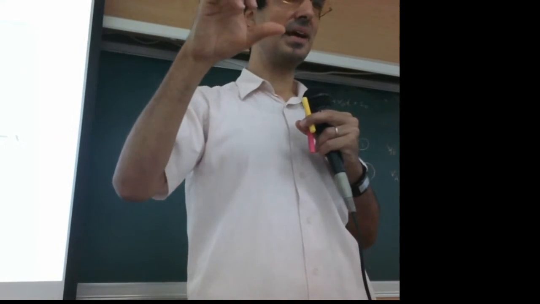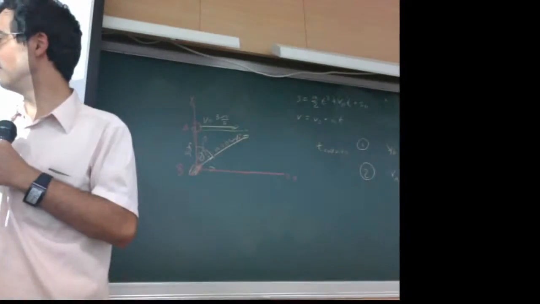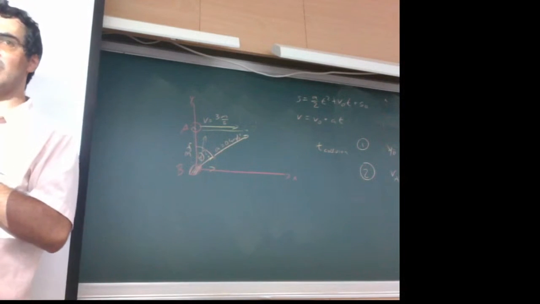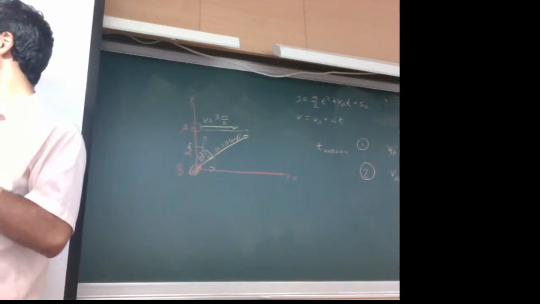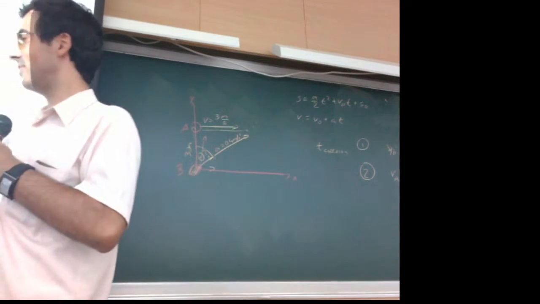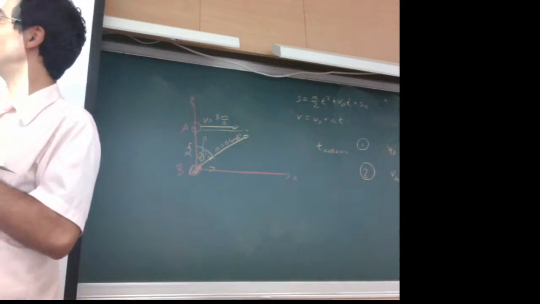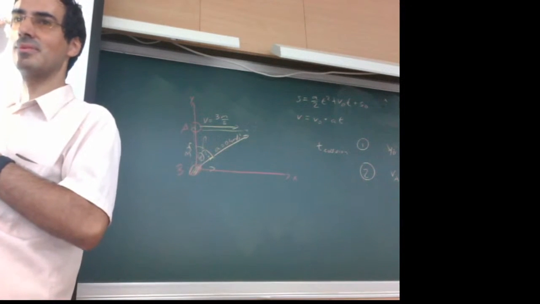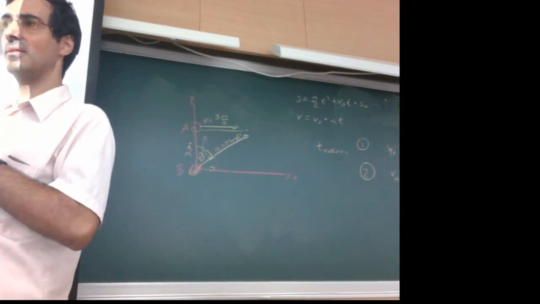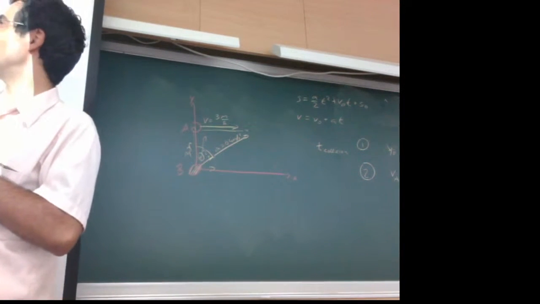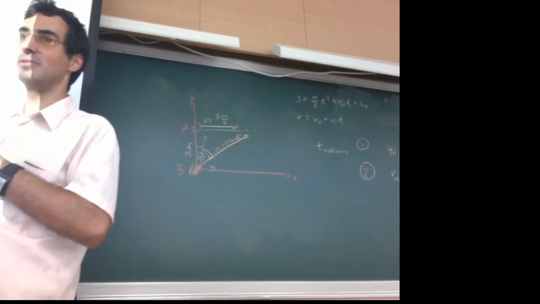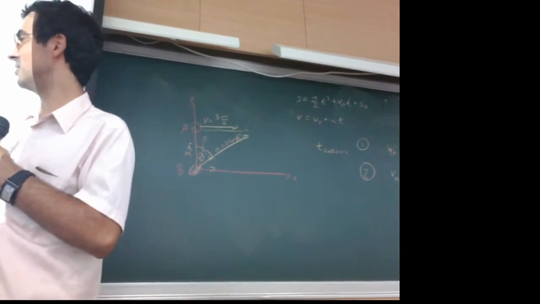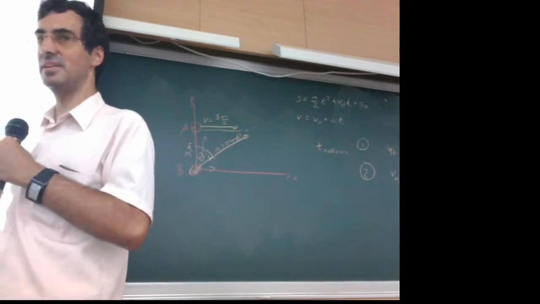At time of impact, particle B has moved in y direction to hit 30 meters. And at time of impact, particle B has caught up with particle A. This one was going faster at the beginning, but it's constant. This one is accelerating until it hits it.